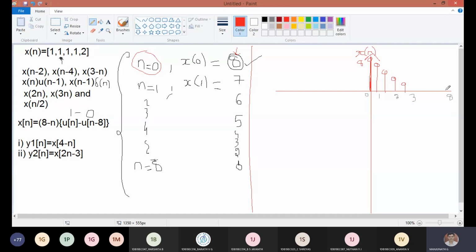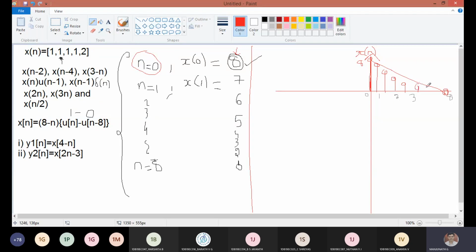Agree? Is it okay, everyone? Written here, everyone. So give sufficient space and write 8, 7, 6, 5, 4, 3, 2, 1 and 0. Is it okay? Yes, sir. Okay.